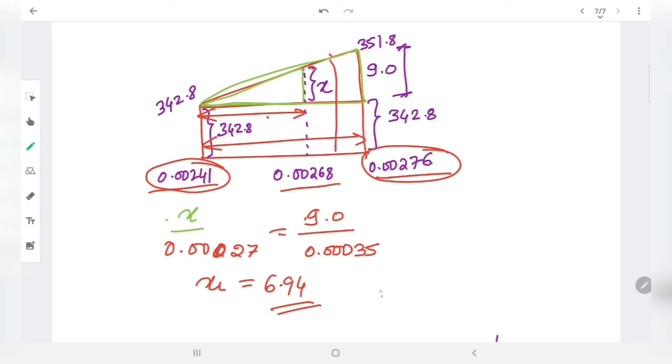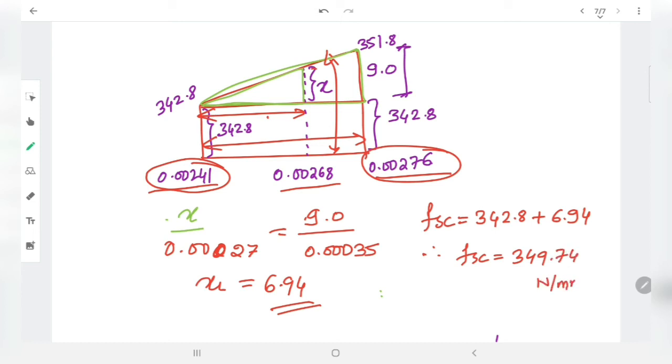What is the total height? This is nothing but FSC is equal to 342.8 plus 6.94. Totally it will be equal to 349.74 Newton per mm square.